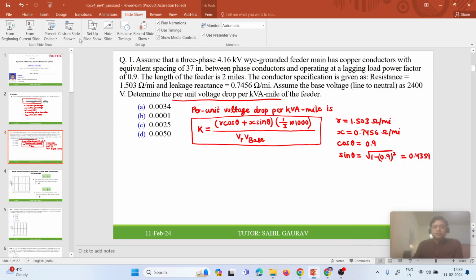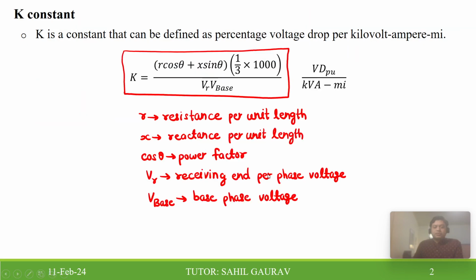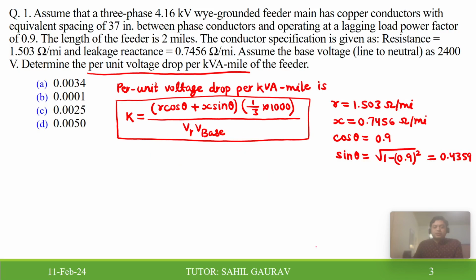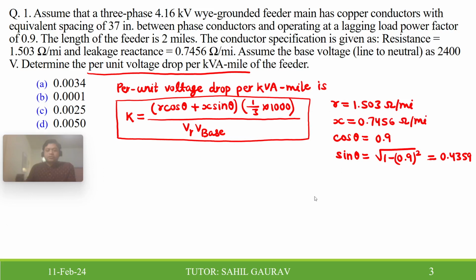Okay, so we are here. Sin theta we got as 0.4359, and we have to know the receiving end per phase voltage. The three-phase voltage is given, so we have to convert it into the phase value.